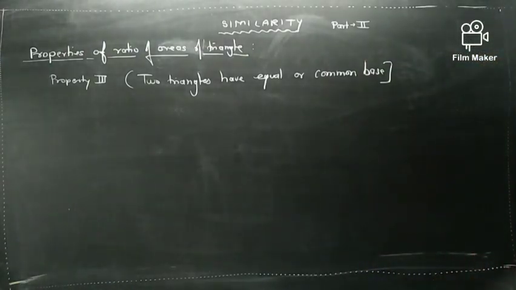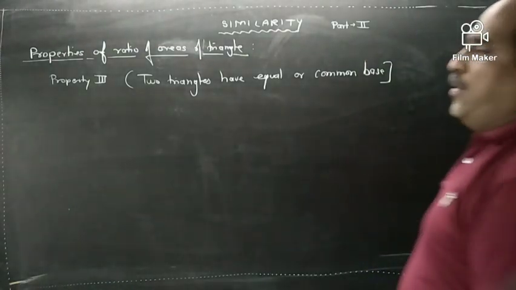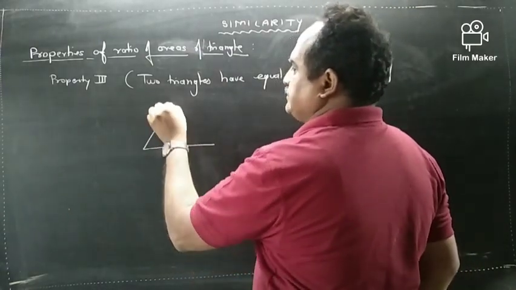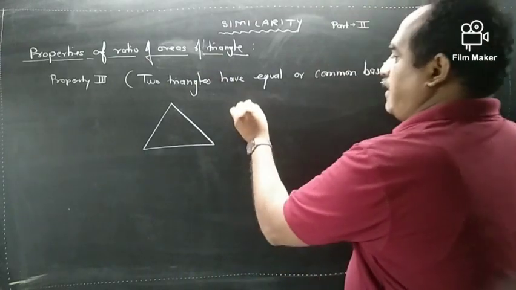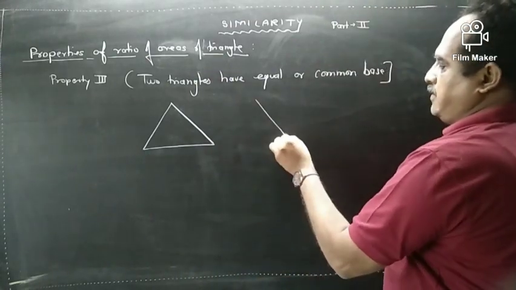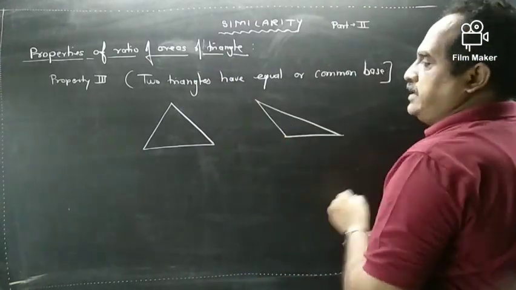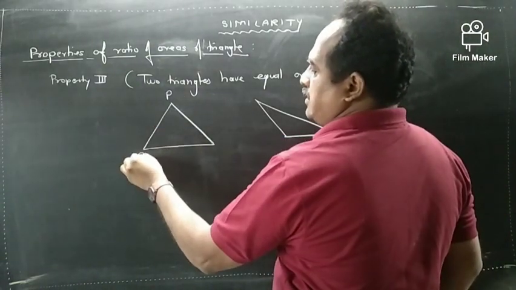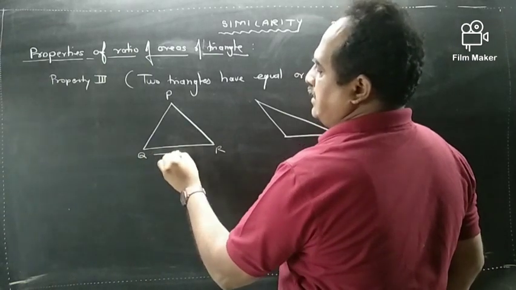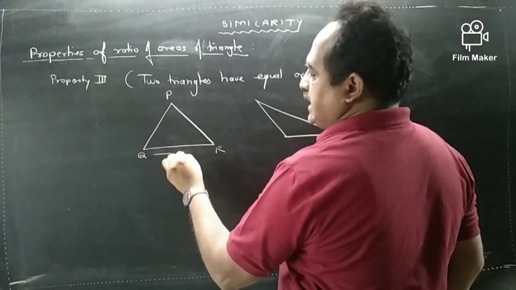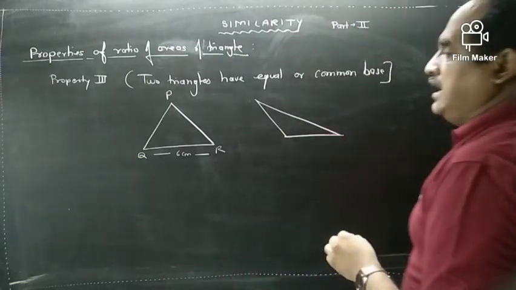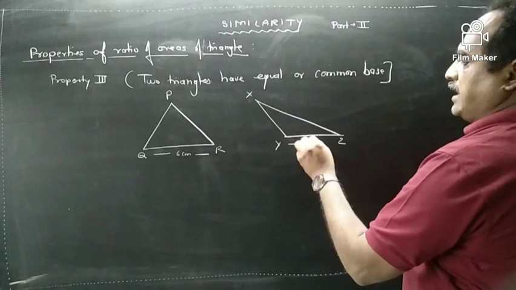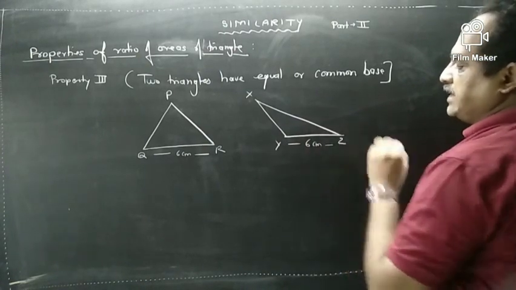In that case, I can take two triangles, say triangle PQR having base say 6 centimeter, and XYZ having again this base as 6 centimeter.